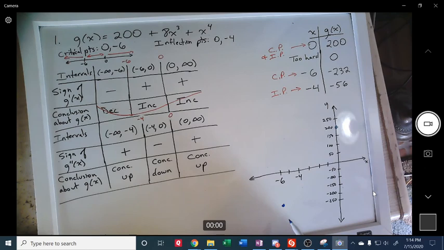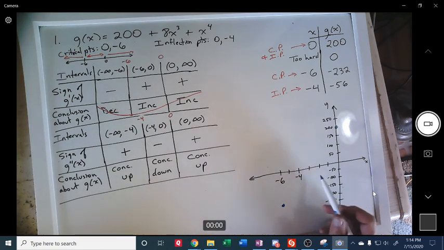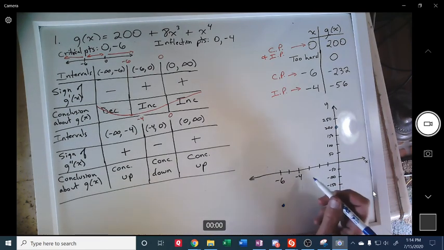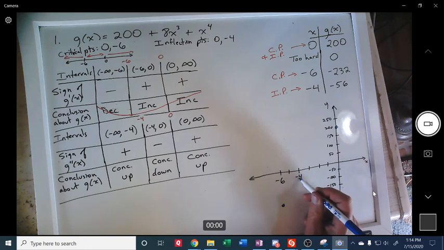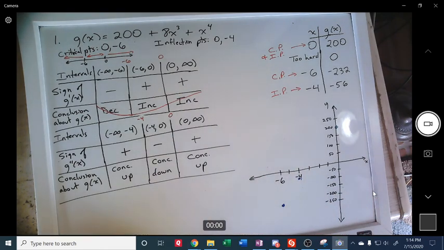That's going to be a critical point. It cuts through horizontally. However I come through this point, I can't come in at a positive or a negative slope. I have to come in horizontally. And then negative 4, negative 56. That's going to be an inflection point.